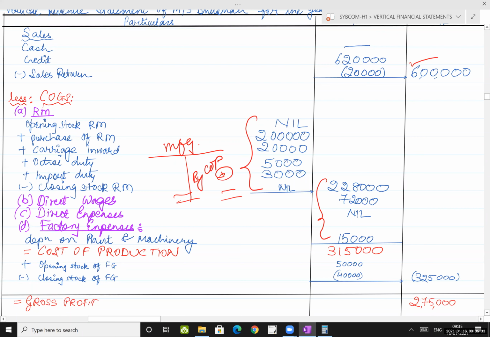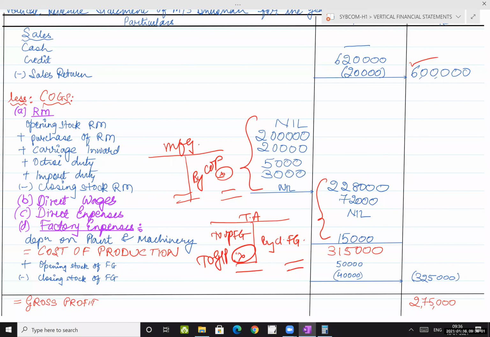I hope you remember manufacturing final accounts which we have done last year. ठीक है. फिर हम ट्रेडिंग अकाउंट बनाते हैं. ट्रेडिंग में हम लिखते हैं इधर trading account, opening stock of finished goods, and here we write closing stock of finished goods. And then when we close trading account, the balancing figure we get is gross profit. Okay, see the same logic is used here. There is no change in concept. Concept remains the same.